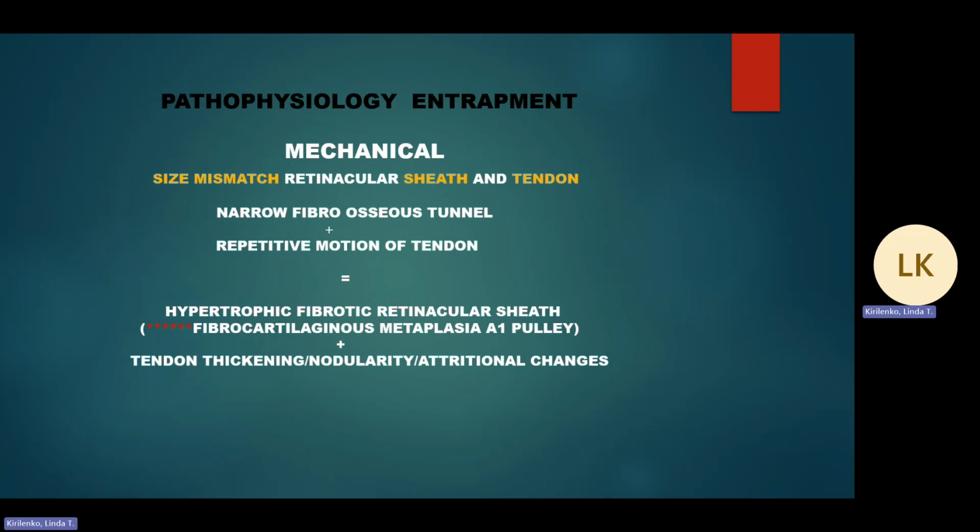The repetitive motion of the tendon through the sheath produces changes in both tendon and sheath, including hypertrophic fibrotic changes in the retinacular sheath, and classically asked on in-service and other examinations is fibrocartilaginous metaplasia of the inner surface of the A1 pulley in conjunction with tendon thickening, nodularity, and attritional changes.